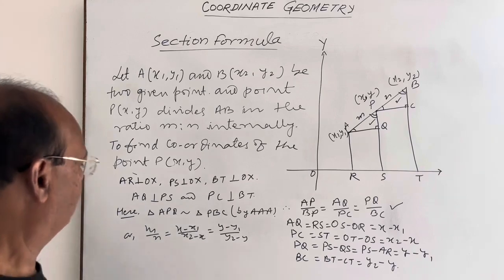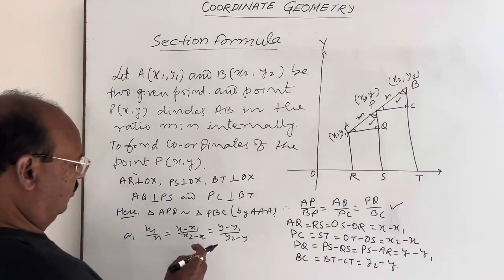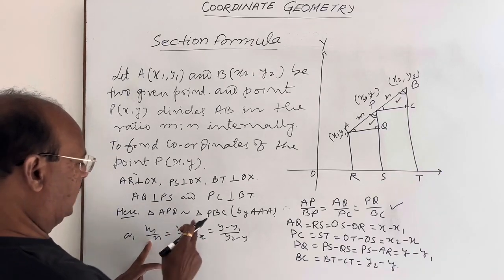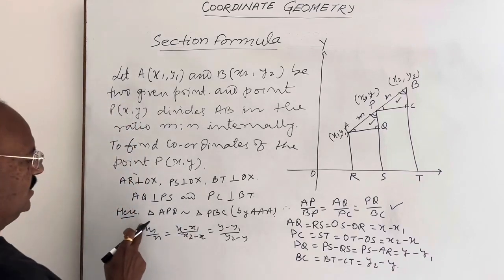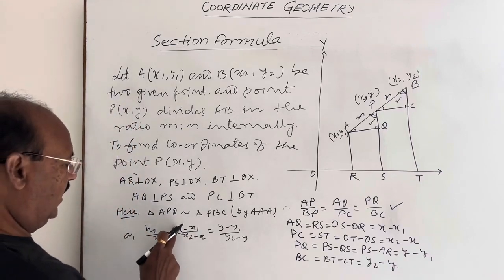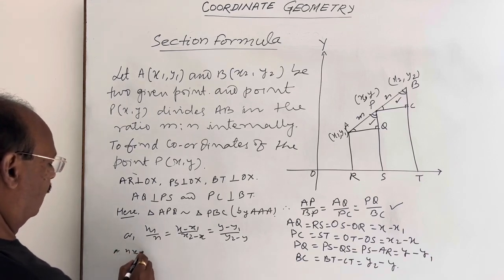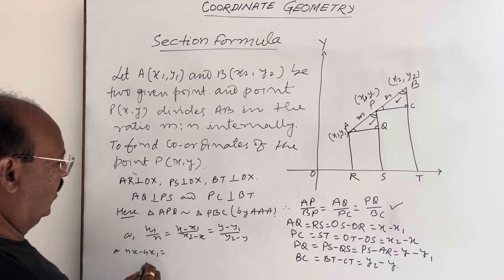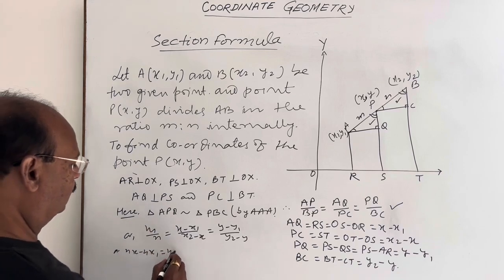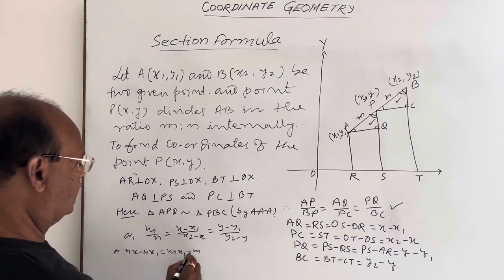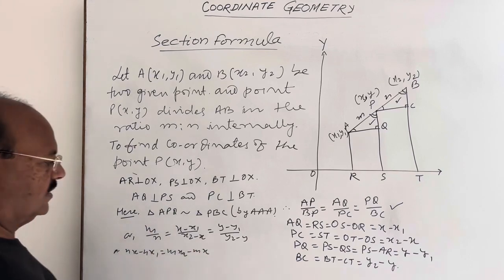Here with the help of these two ratios, by cross multiplication, this is mx minus nx1 is equal to mx2 minus mx.